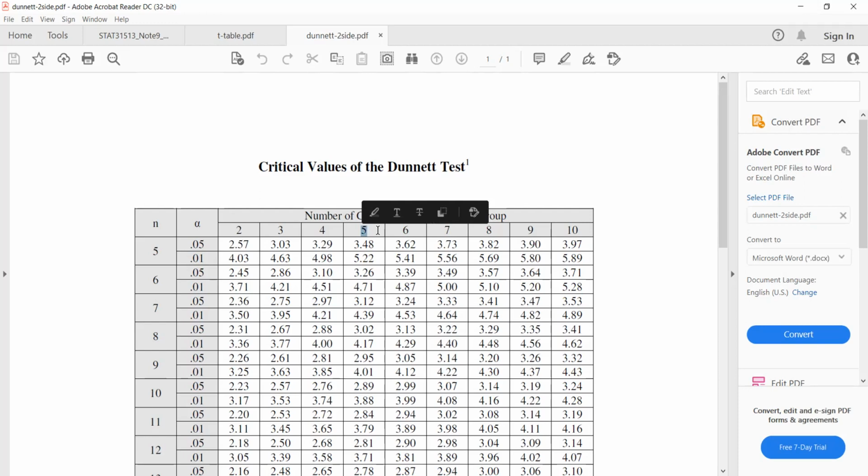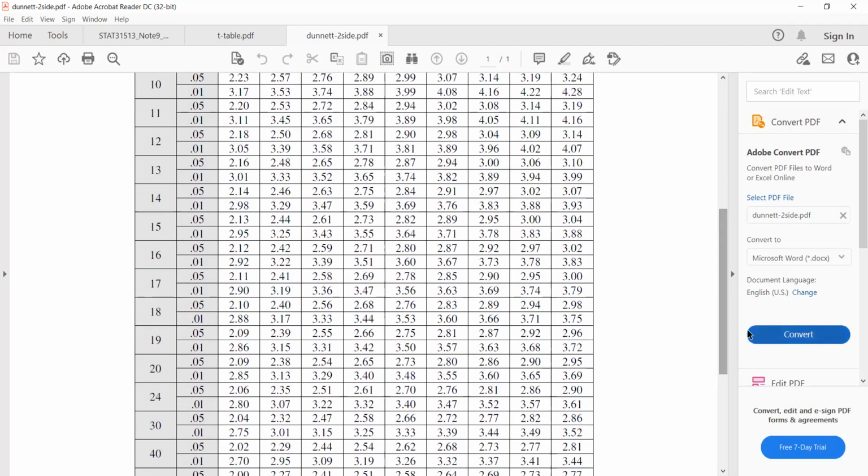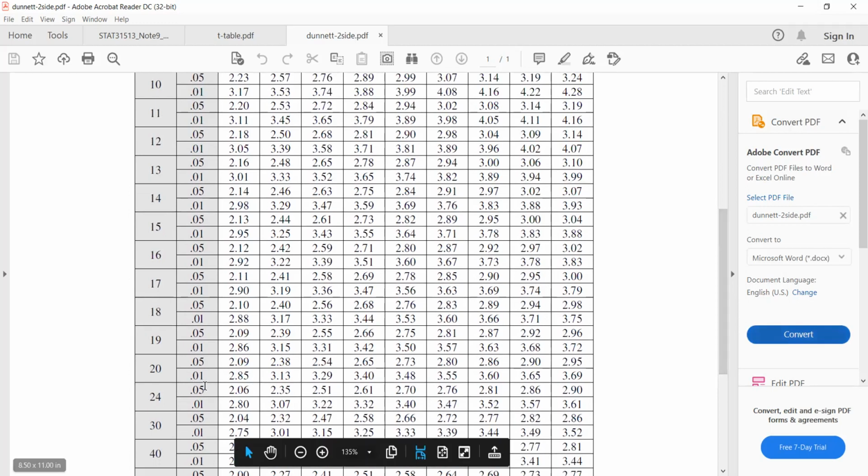So here we have to read 5 from this column. So that would be 1, 2, 3, 4, fourth column. So alpha is 0.05. So in that case, from the Donet table, we can get the table value as 2.61. So that's how you read the table value from this one.